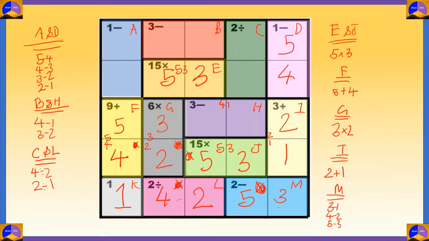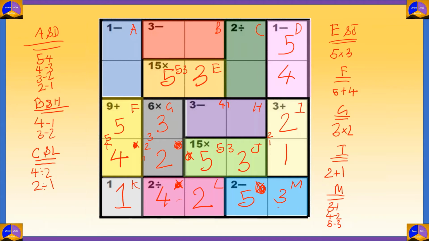Now, let's look at cage A. In the same column, 1 is filled, 4 is filled, and 5 is filled. So the remaining numbers are 2 and 3.